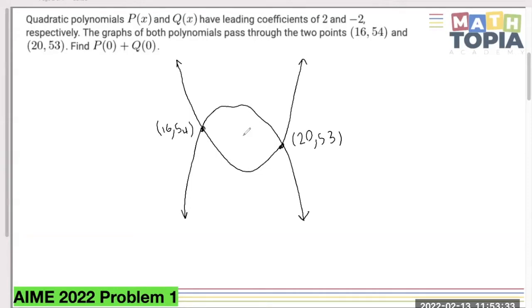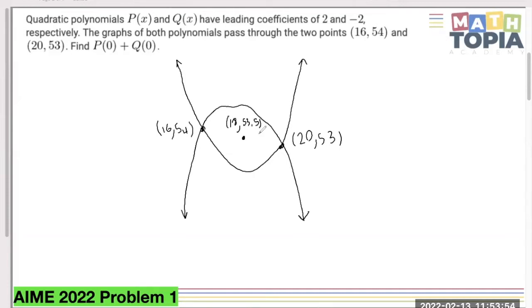So what kind of point could we rotate about? We have to pick a point such that if we rotate about it, this point ends up here, and if we rotate this point about it, we end up here. There's only a single point that meets those requirements, and that's obviously the midpoint of those two points, which is (18, 53.5).